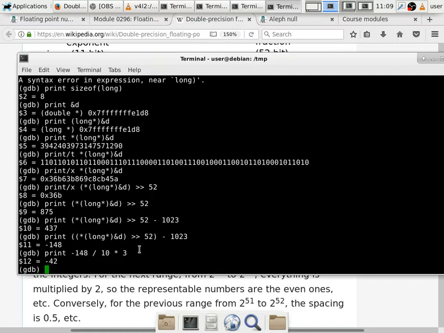And then I multiply that by 3 because 1000 is approximately 10 to the power of 3, which is about 2 to the power of 10. So that's how I can quickly do the conversion between units in base 2 and units in base 10. Now it is definitely just approximate, but I get negative 42 back, which is close enough. Is that okay?